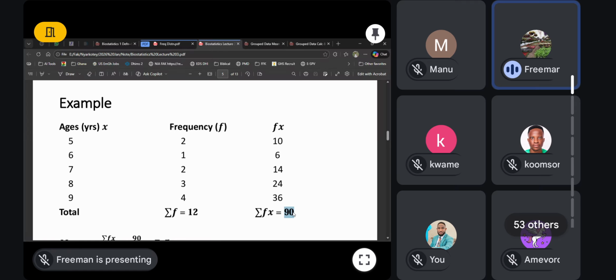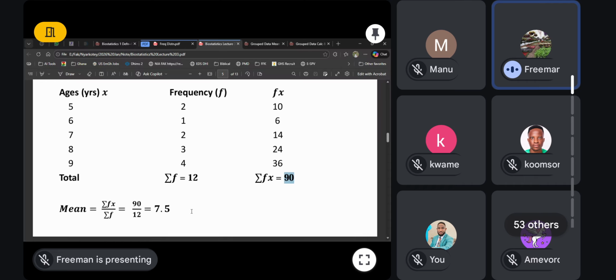So 90 divided by 12 is what will be our mean. So the mean is summation f of x, which is at the top here, divided by summation f. So you have 90 divided by 12, and that gives you 7.5. So 7.5 becomes the average.